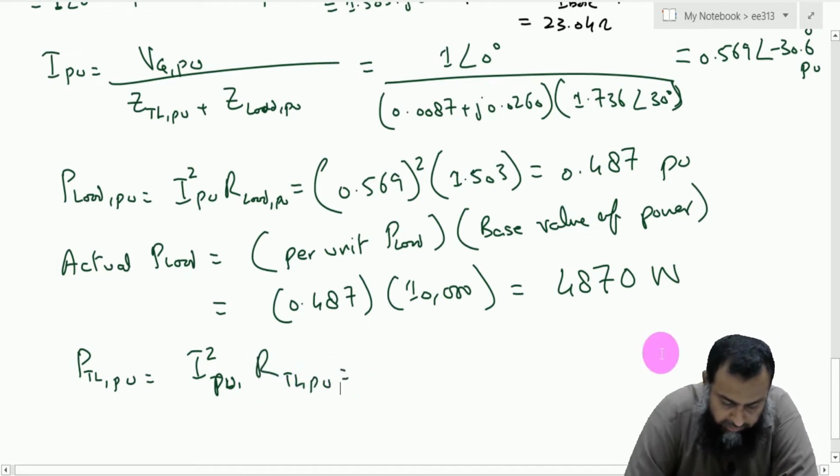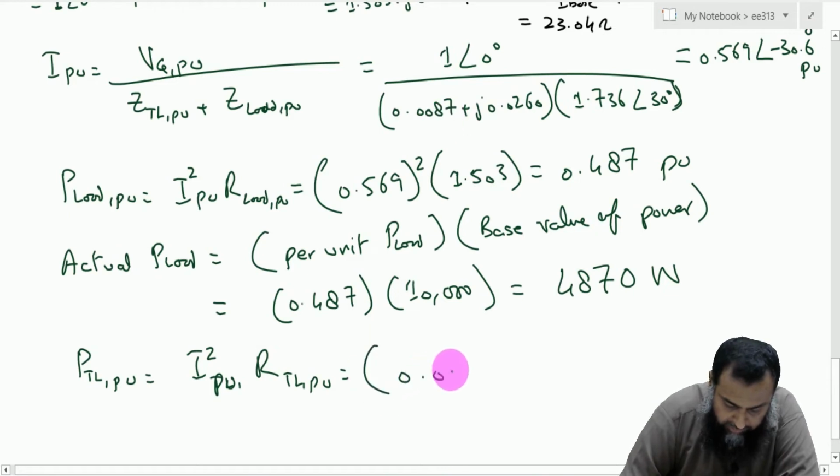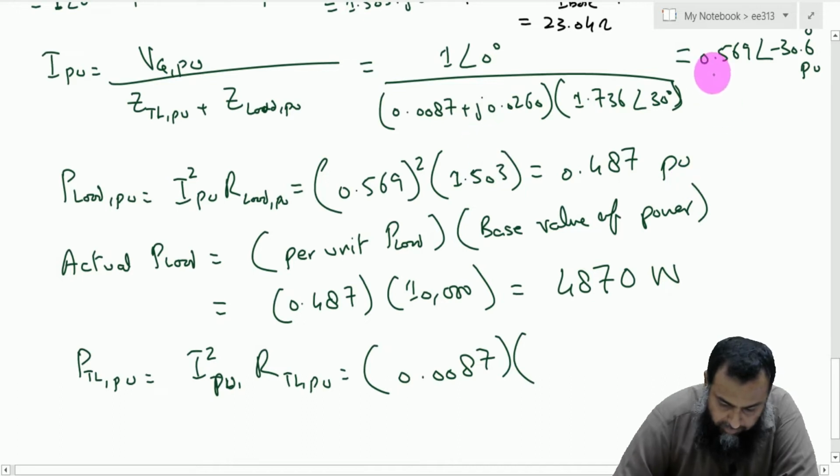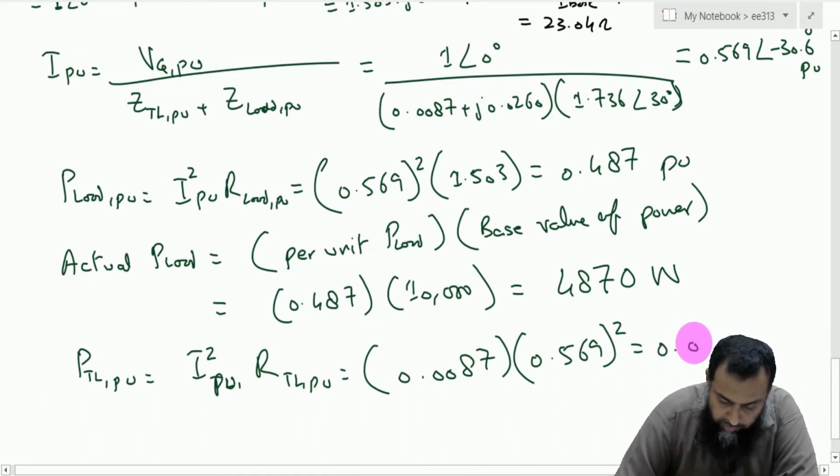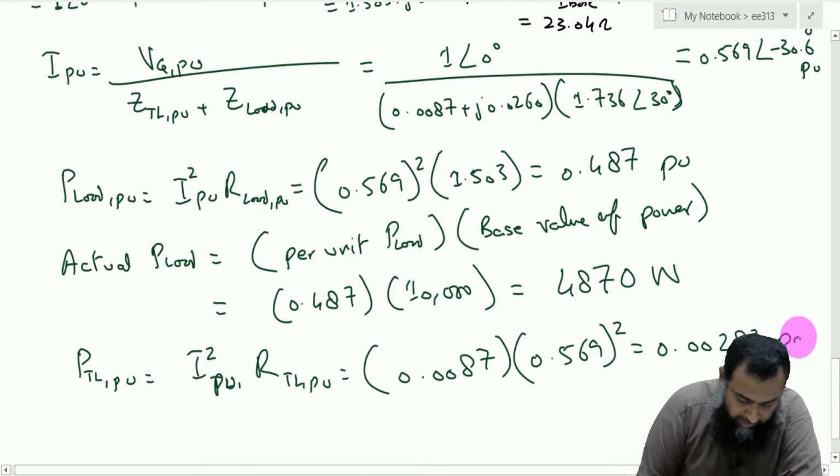So above we have seen that 0.0087 is the resistance. So 0.0087 into the current, which is 0.569, whole square, and therefore the transmission losses in per unit value is equal to 0.00282 per unit. So now what are the actual line losses in the transmission line?